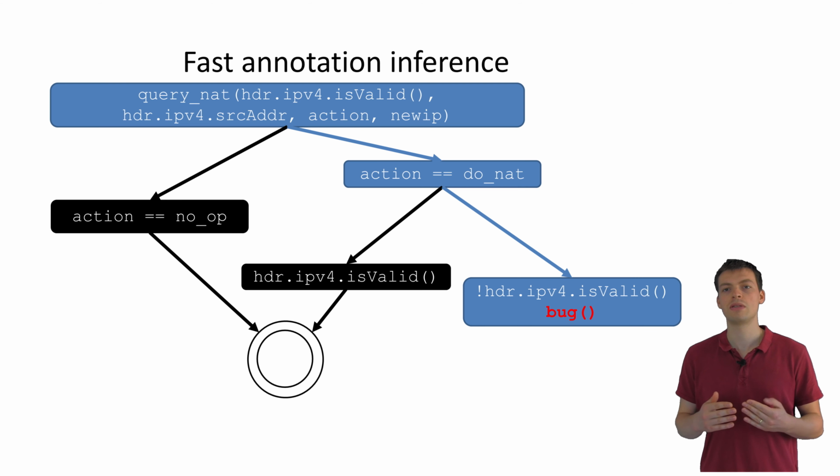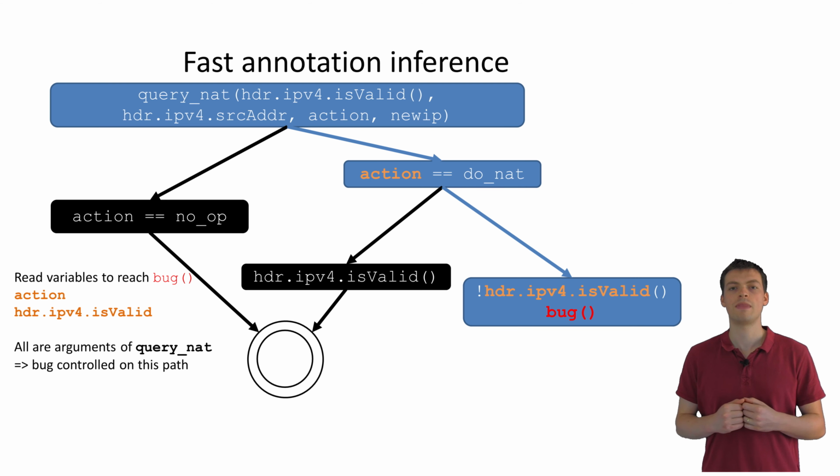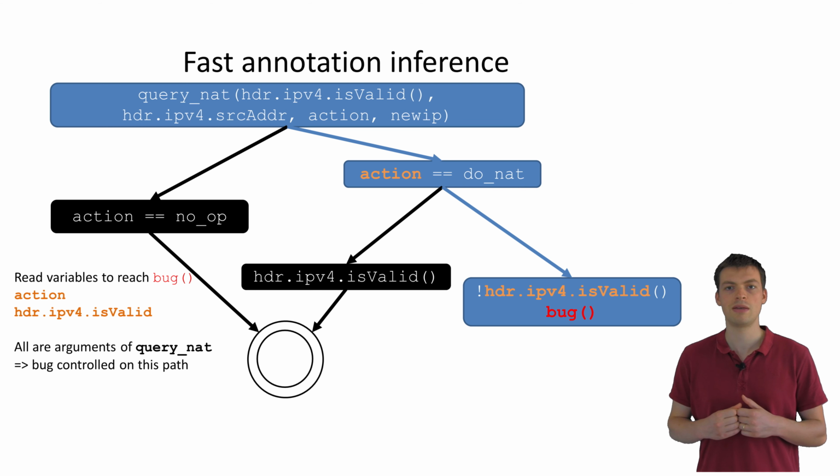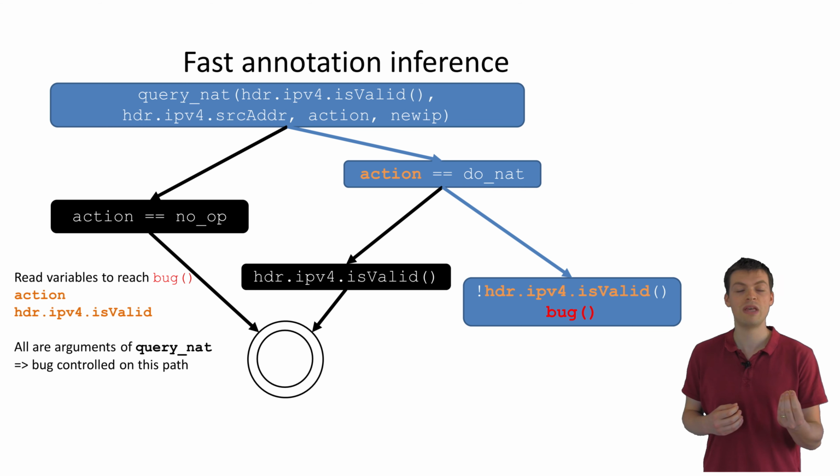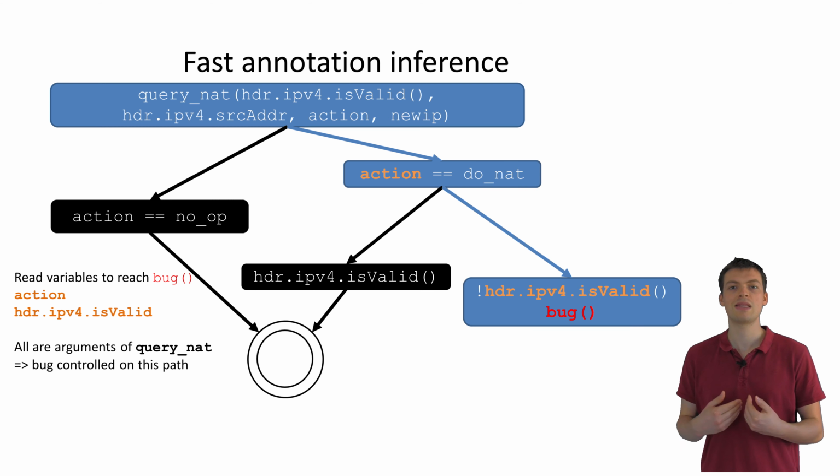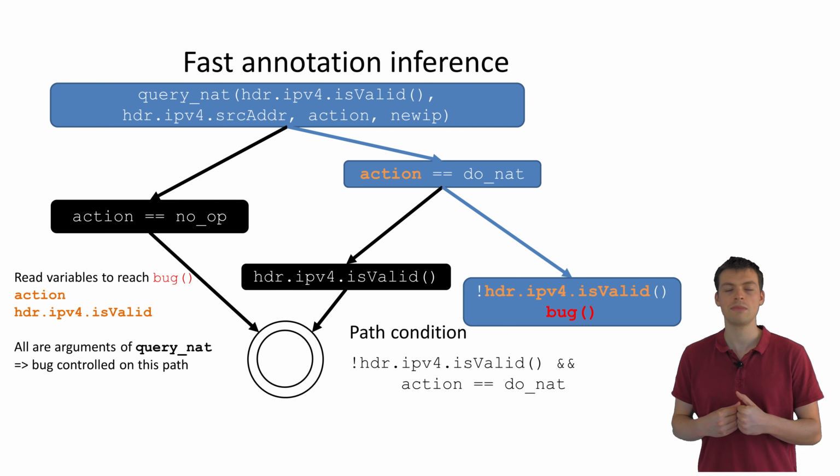What are the variables which influence the control flow going down that path? Well, first of all, there is the chosen action. Secondly, there is the IPv4 validity bit. But notice that both of them are arguments of the table application. So this means that the path condition to reach the bug from this particular table call is controlled by the table.